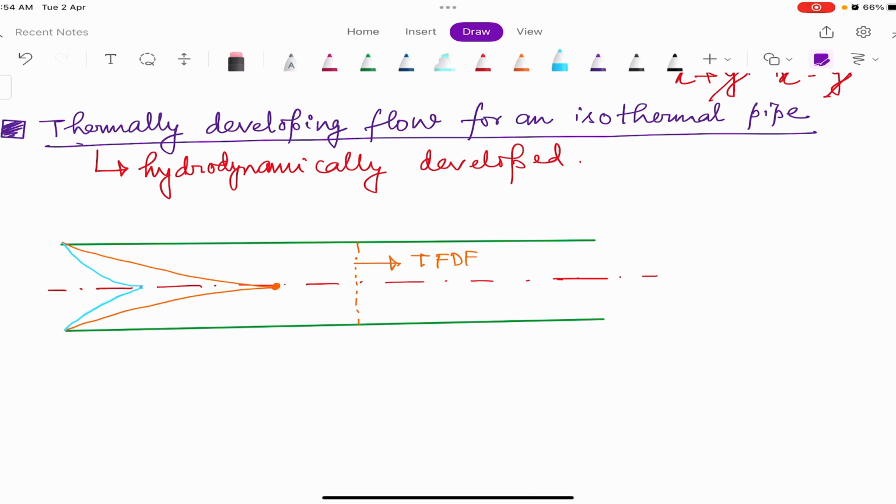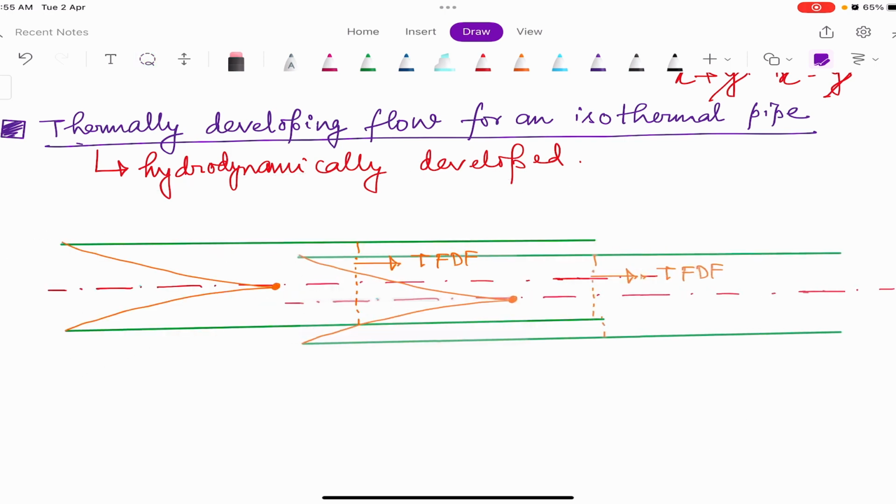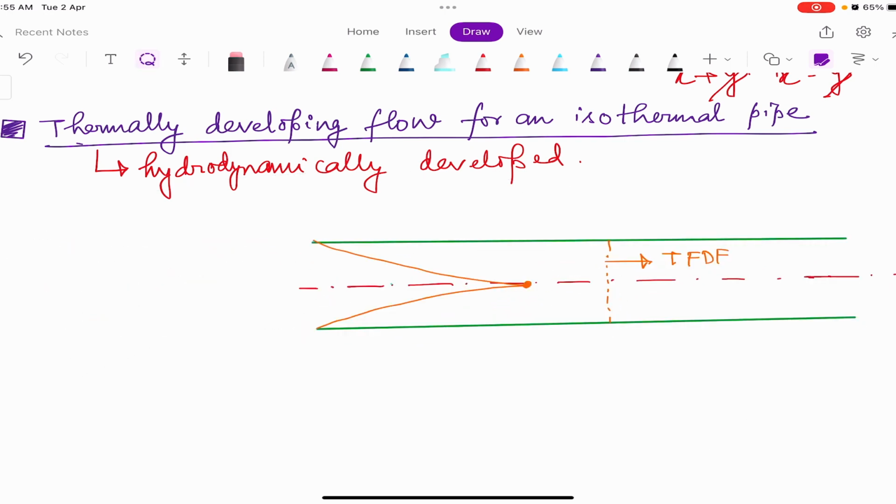Or maybe this is not the correct description of the problem. The pipe was very long, so the inlet of the pipe is not here; let me cut it and move it here. So the pipe is actually very long.